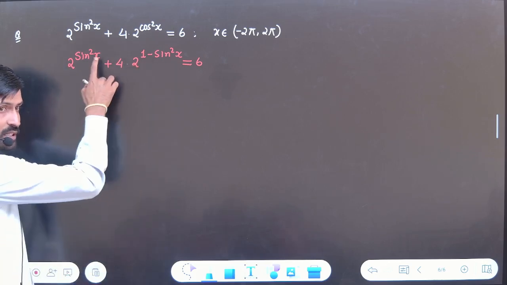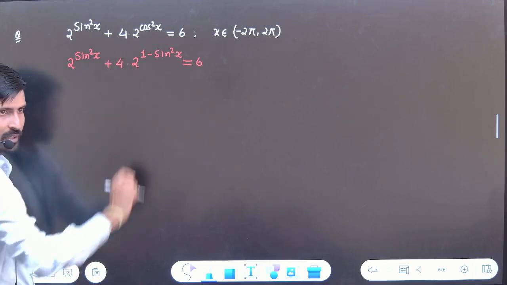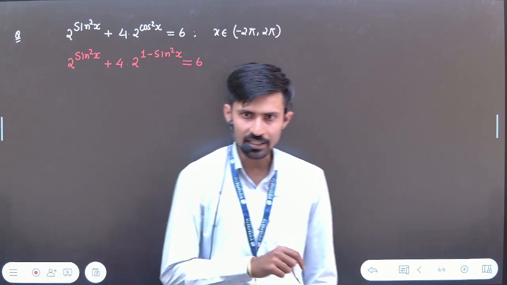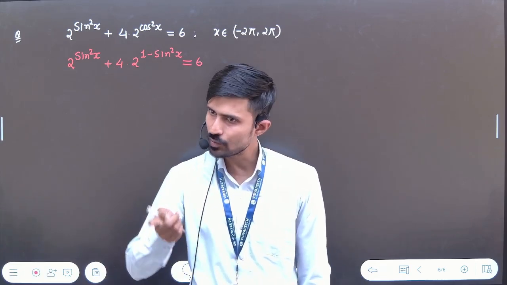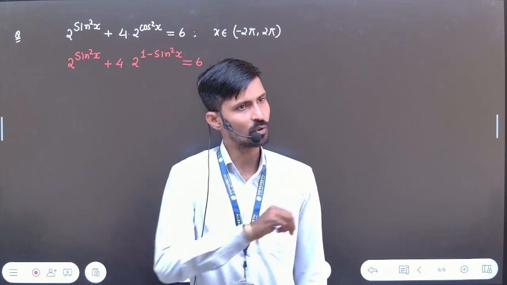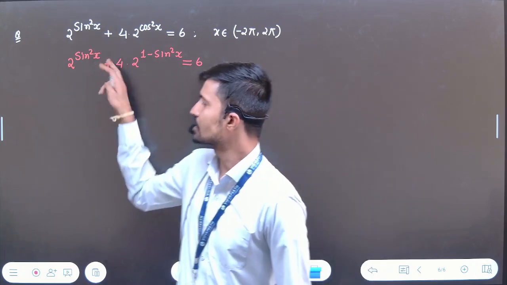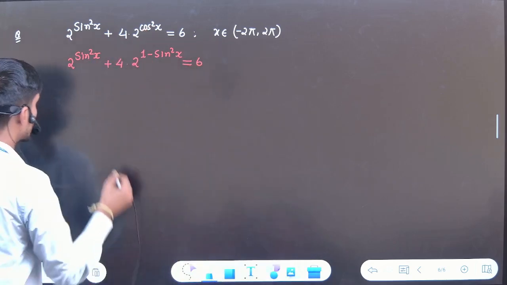First cos square and sin square were there, so I changed both to the same name. In that whole equation, two names are present: sin square and cos square. So my first step is to change cos square into sin square, or you can change sin square into cos square. Both things you can do. Here I kept sin square as it is, and cos square I wrote as 1 minus sin square.